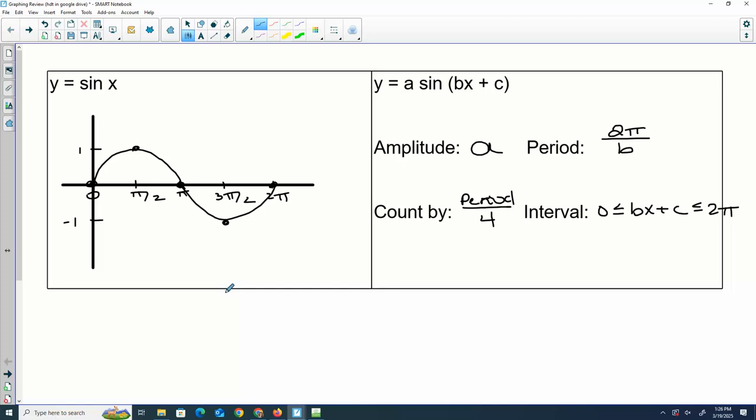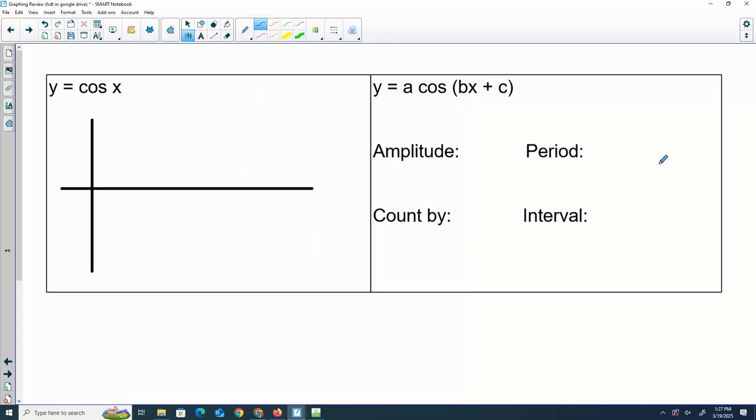Okay, so now we have the basic graph of sine and all those key attributes for it. Let's do the same thing for cosine. So cosine, this information is all the same. Amplitude is the number out in front.